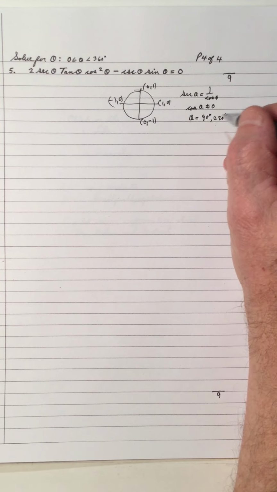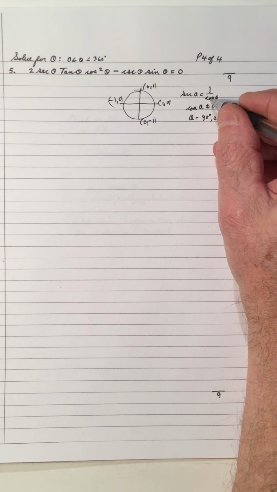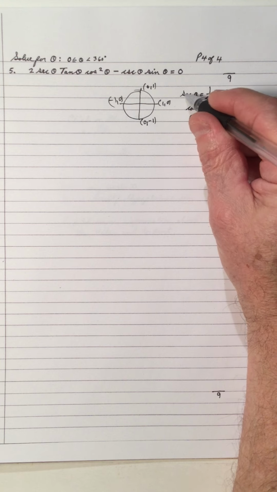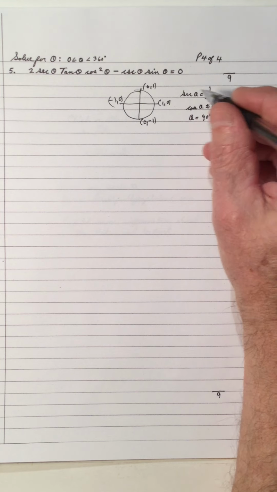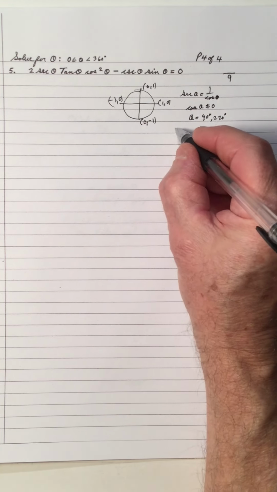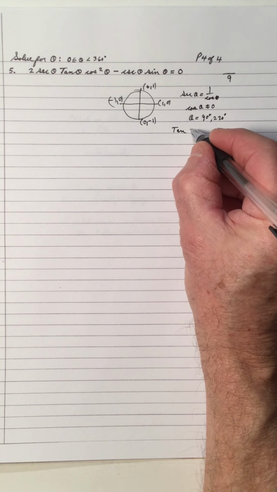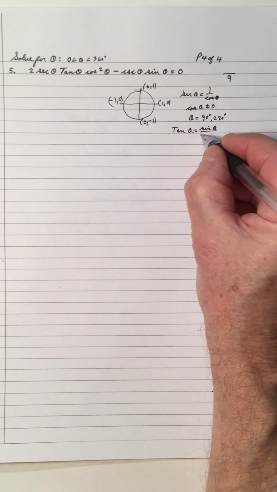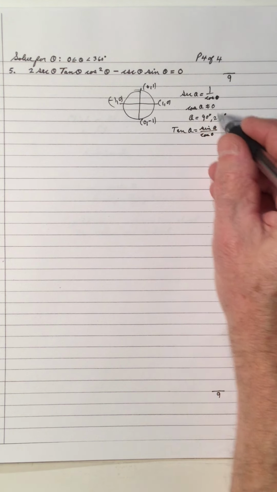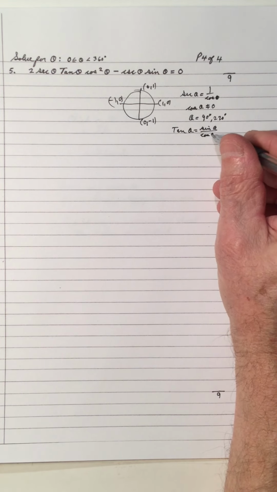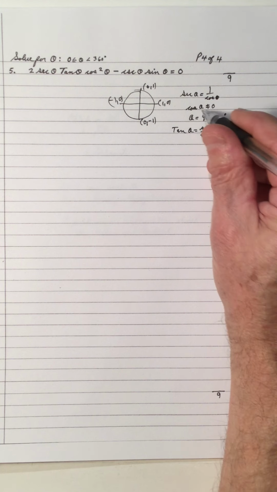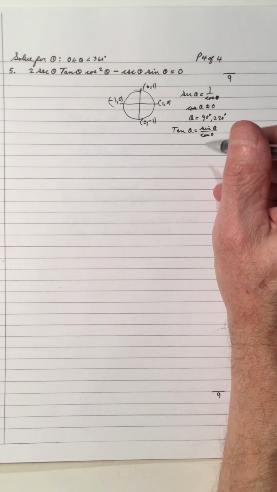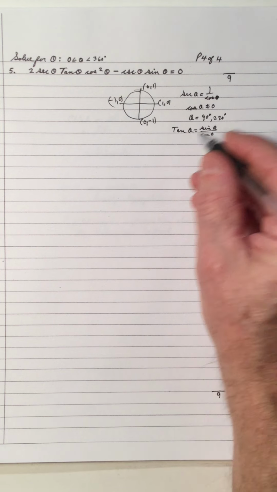So I cannot have 90 and 270, because it'll make cos theta equal to 0 and it'll make secant undefined. Also, we have tan, and tan theta is sine theta over cos theta. Again, because cos is a denominator, we cannot have it 0, so we cannot have theta be 90 or 270, because they're what we call extraneous roots.